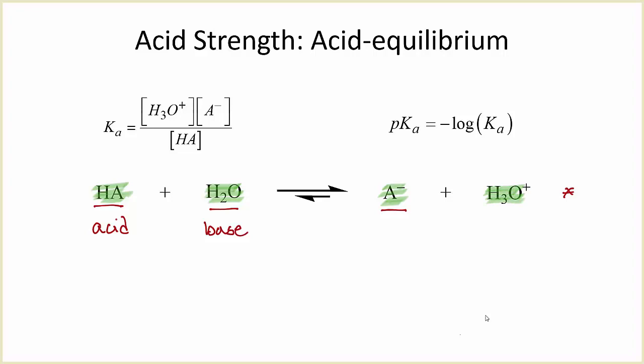So in terms of our Bronsted-Lowry acid-base definition, we have the acid, which is HA, we have water in this case, which is the base, and we have on the other side the anion created by the acid. So this is known as the conjugate base. And this is known as the conjugate acid.